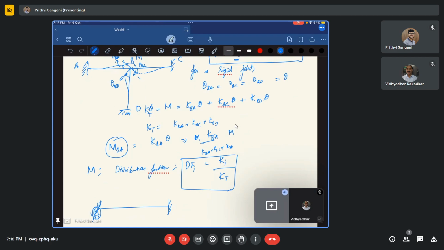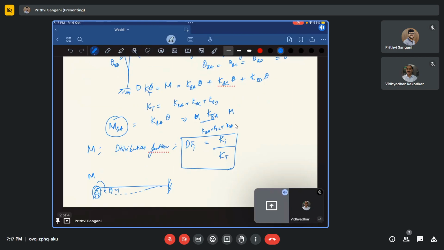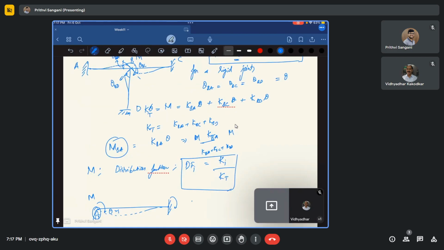But anyways, let me just stick to the pin support. So I'm just rotating it something like this with moment M and theta. Suppose theta is 1 for now. So what is M? We already found out that M is nothing but 4EI by L.